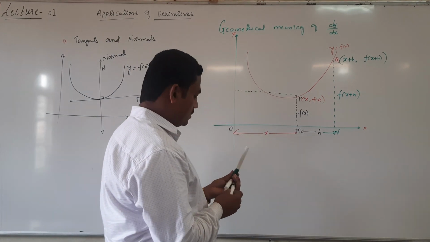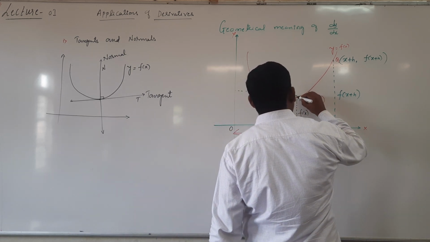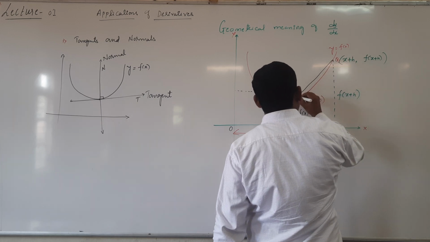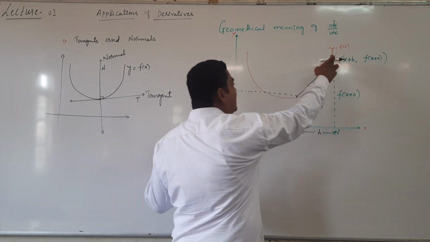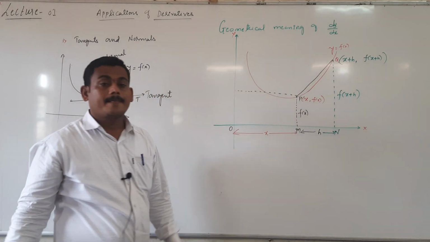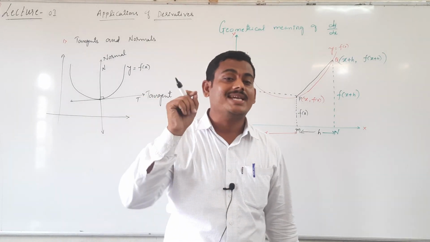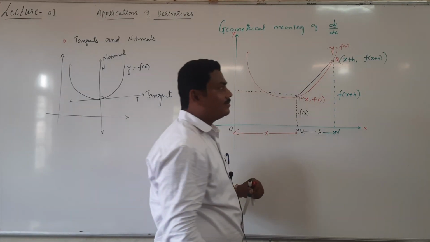Now join PQ. This PQ line is known as a secant line. A line joining any 2 points on the curve is known as a secant line. This PQ line is a secant line.